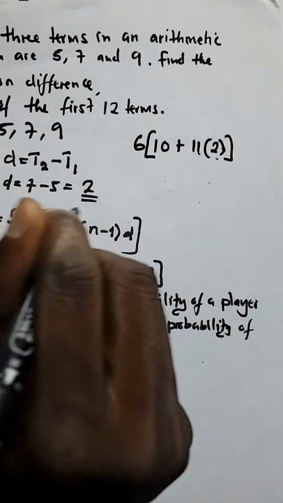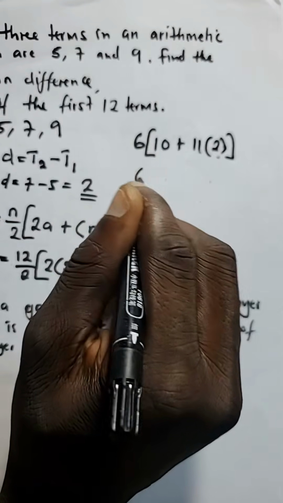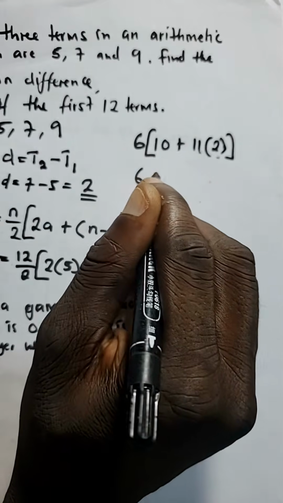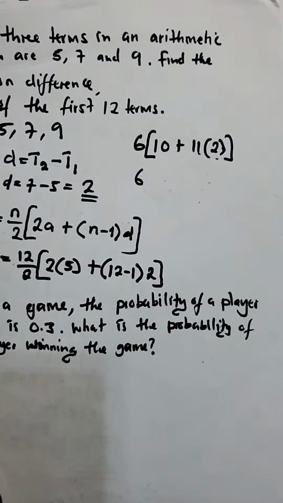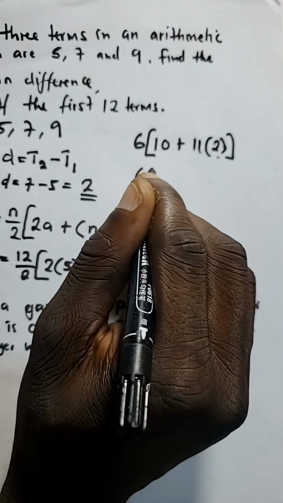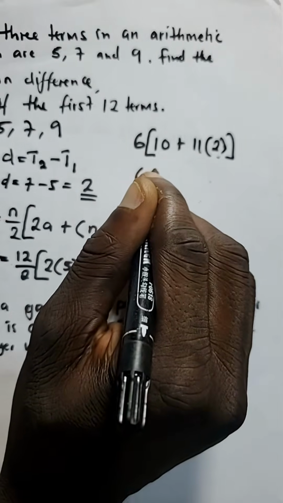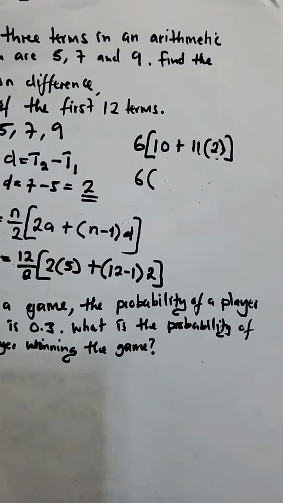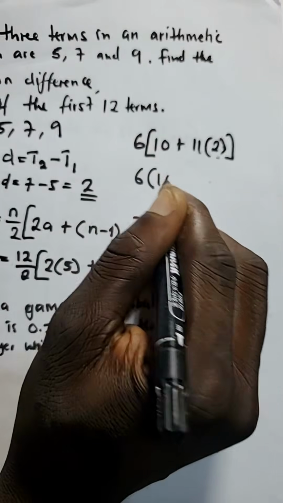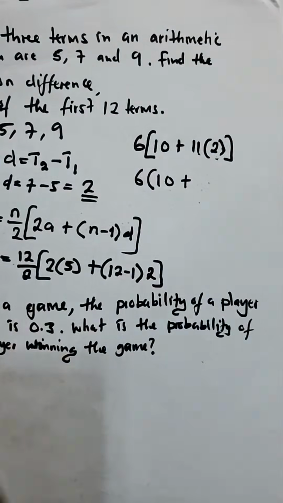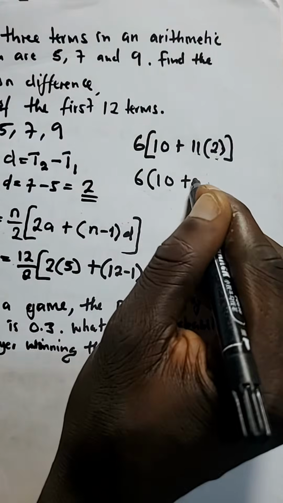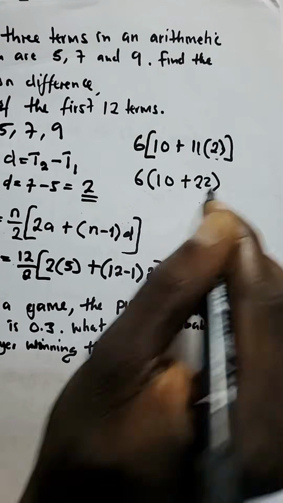So here we are going to maintain this 6 the way it is. We're going to break the brackets. We're going to say 10 plus, what is 2 times 11? 22.